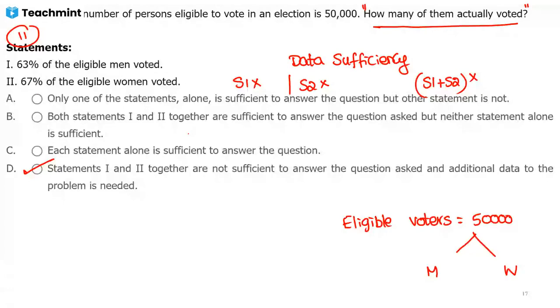But one is 63, one is 67. With one small change in this question, option B would come. If both were 67 and 67, 67% of men and 67% of women means 67% of total. But here the percentages are different, I cannot claim. So together not sufficient. We need additional data to answer the question.